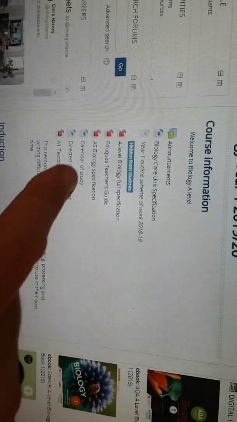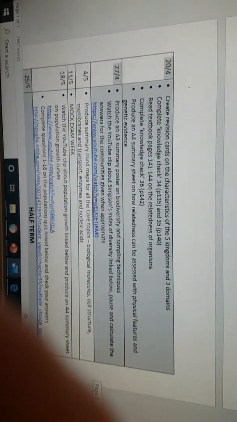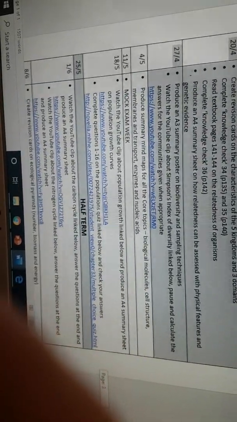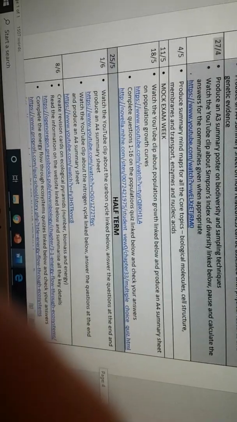You can open the document from Moodle as shown there, and just go down to the post-Easter part. As you may not have done any of these really up to this week, we should be on this one.